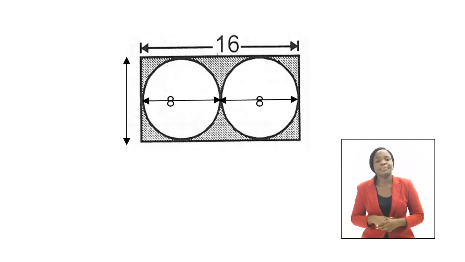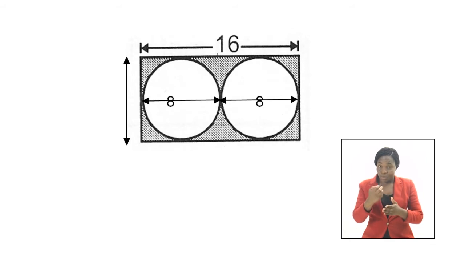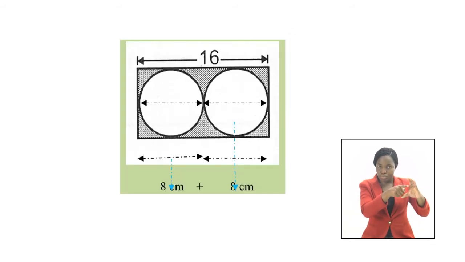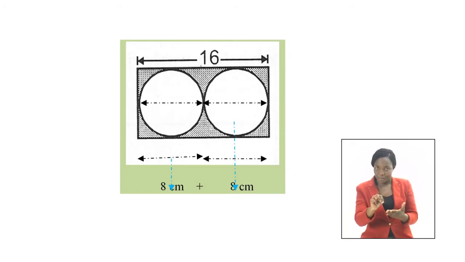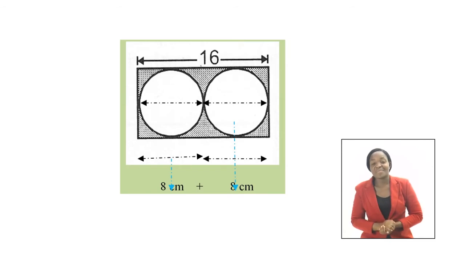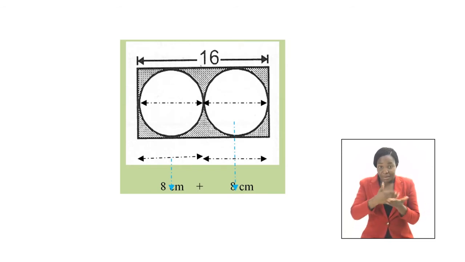Oh, so the diameter of 2 circles is 16 centimeters, meaning that the diameter of 1 circle is half of that. It's 8 centimeters. How clever you are, Ben. Logic does it, mademoiselle. So the diameter of the circles is 8 centimeters each because they are the same size.